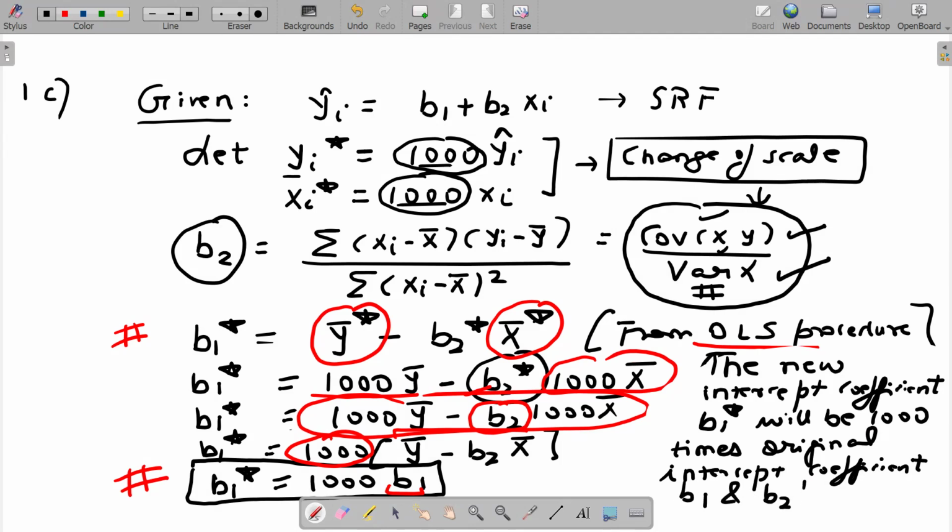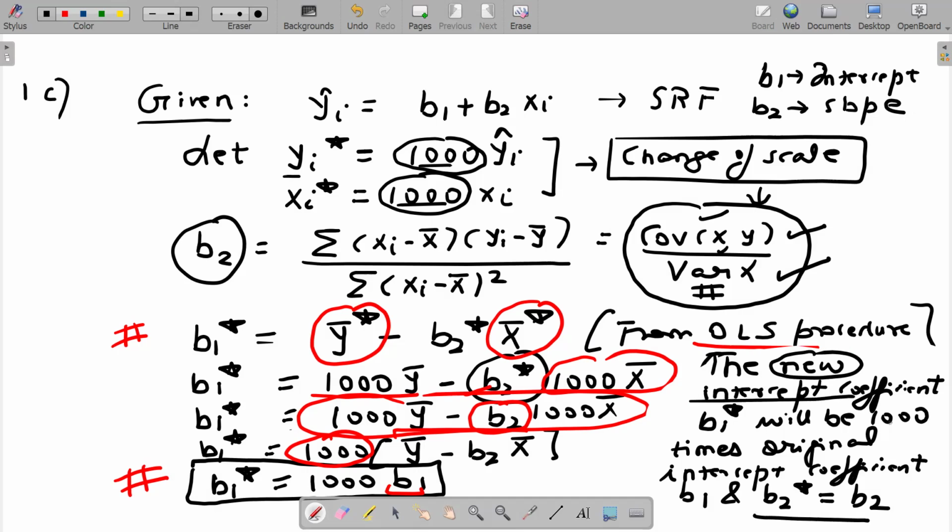And B2 star will exactly be equal to the original slope coefficient B2. Remember, B1 always denotes the intercept and B2 denotes the slope in my lectures as well. So when I multiply yi and xi by 1000, there will be no change in the slope coefficient, but my new intercept coefficient will be 1000 times the original intercept.